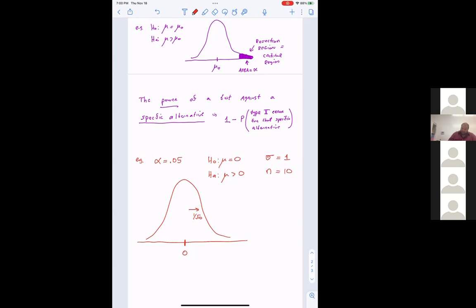So if I want to have an alpha of 0.05, what value corresponds to an alpha of 0.05? Well, I could certainly calculate the z value from my calculator, although we should already know how to do this. What is the z value for 5% to the right? What's my z score going to be?